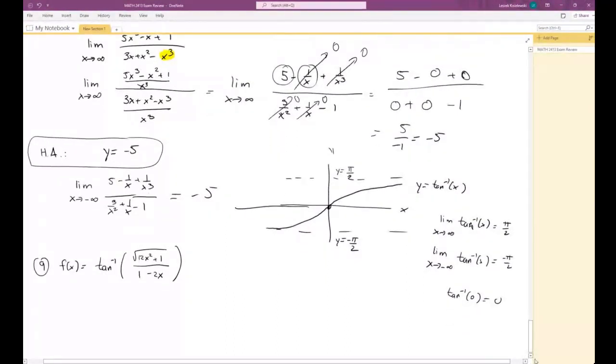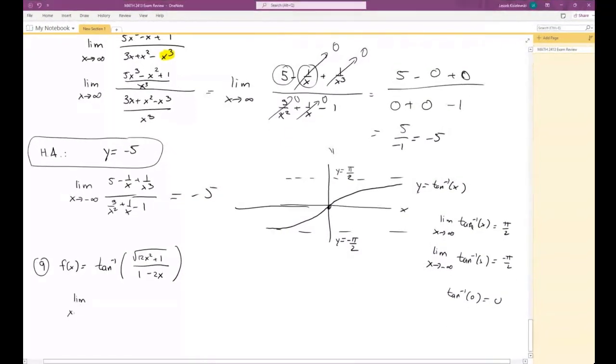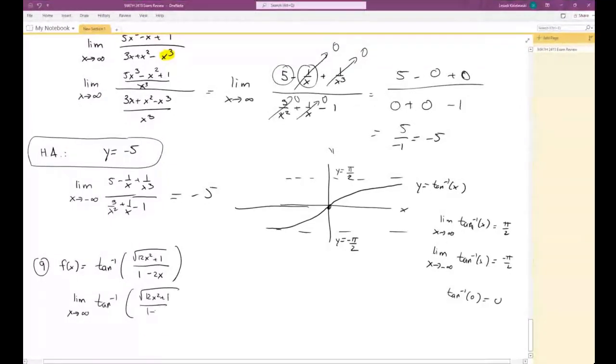All right, so again, horizontal asymptotes, we need to find two limits at infinity. So let's start with the positive version. Notice that the graph of the arctangent is nice and connected, right? So it's continuous.